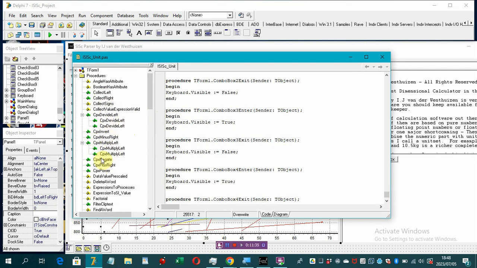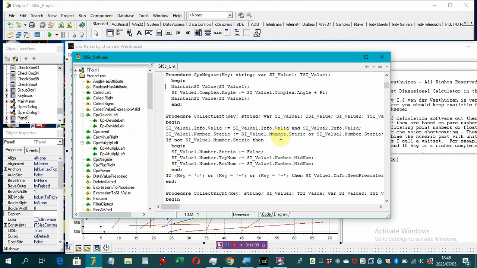Complex negate. Okay, let's take complex negate. You see that minus function maintain SE value 1. That's it, the in and output IO, because it's a var variable. You can use it as an input and you can output on it. So it's basically an input and an output variable that complex negate uses.